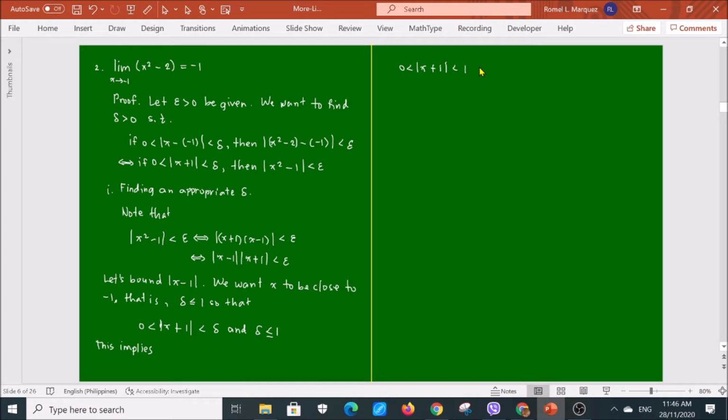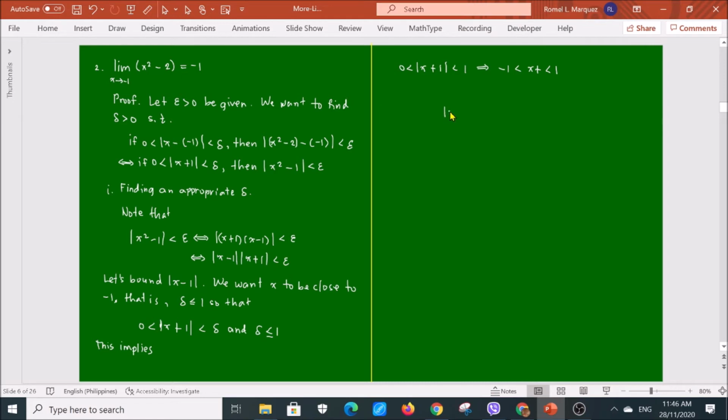And out of this, if I remove the absolute value, the absolute value of x plus 1 less than 1 means negative 1 is less than x plus 1 is less than 1.